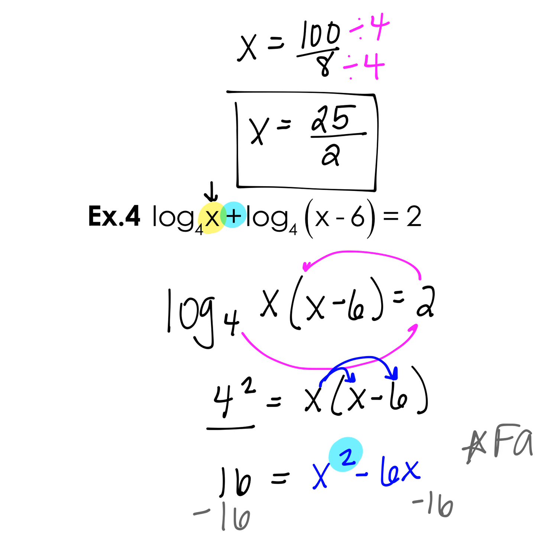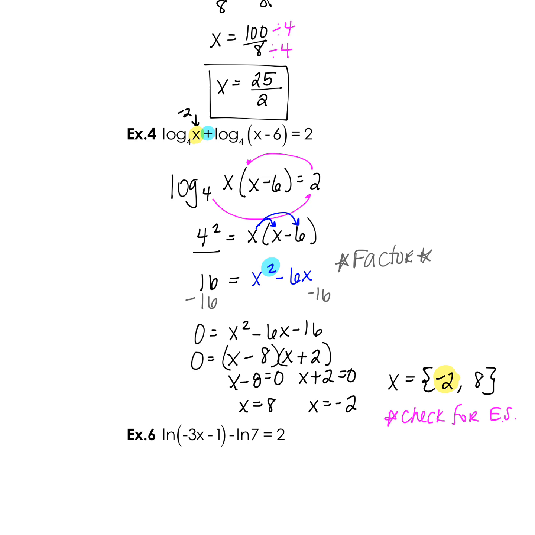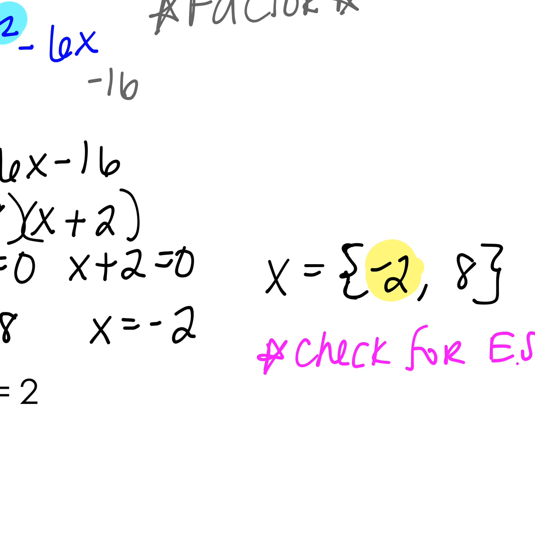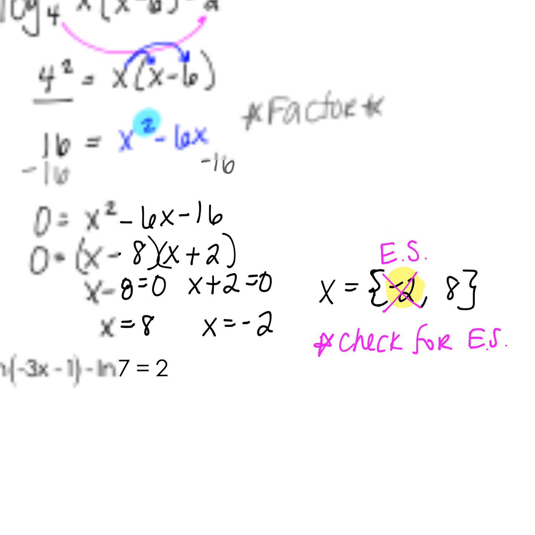That would give me a negative 2, which we can't have. Remember, those ofs can't be negative. So therefore, this negative 2 is an extraneous solution. So we cross it out and we put ES next to it so that I can tell that I got it as an answer, but it doesn't work for part of our problem.